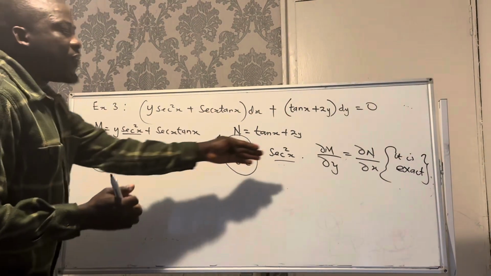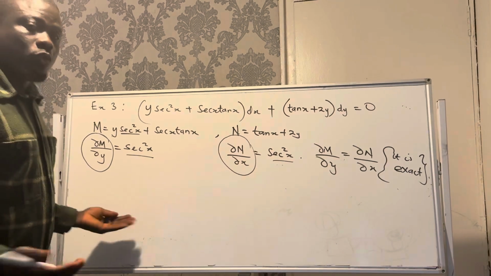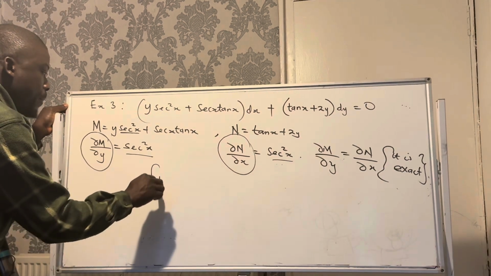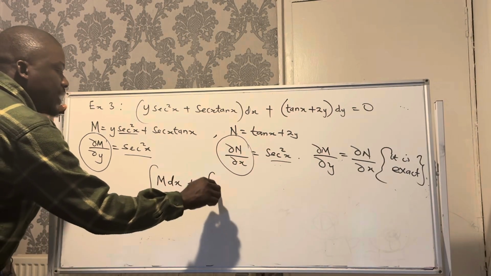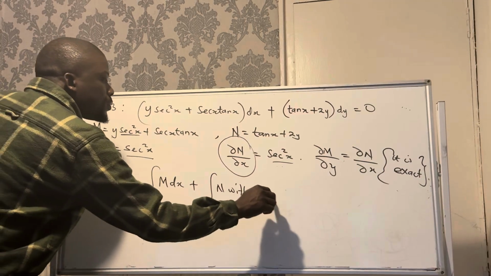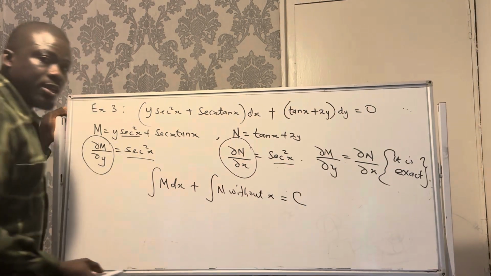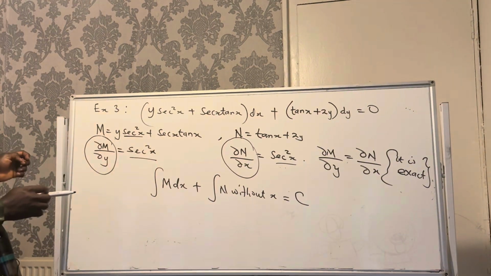Now, if it's exact, the next step is to find our solution. And what's our solution? Our solution is integrate m with respect to s plus integrate n without s equals c, where c is constant. Now, let's integrate this with respect to s.